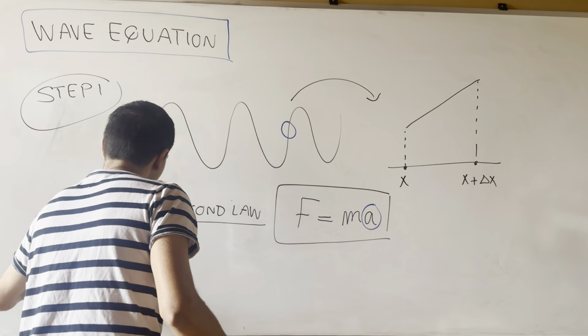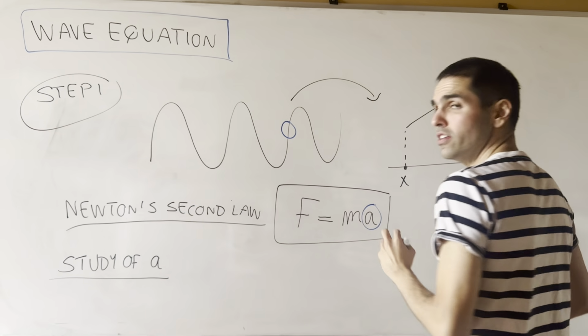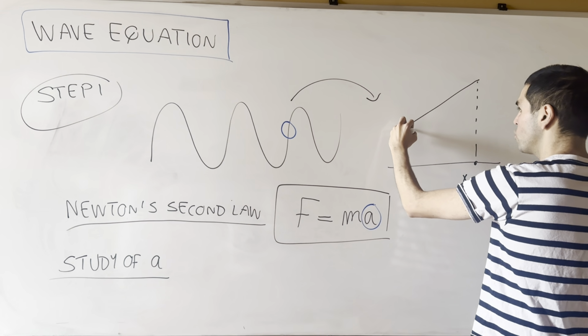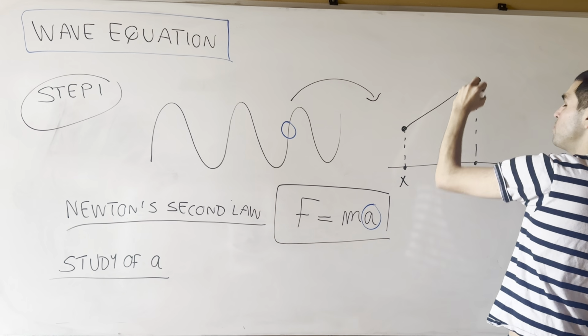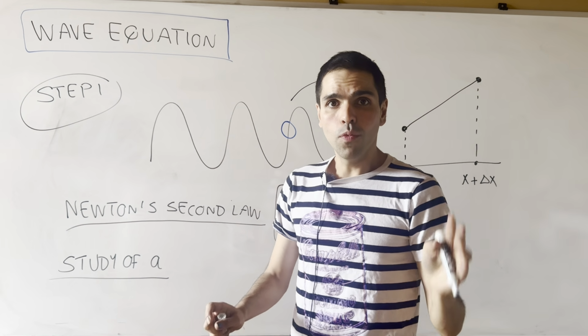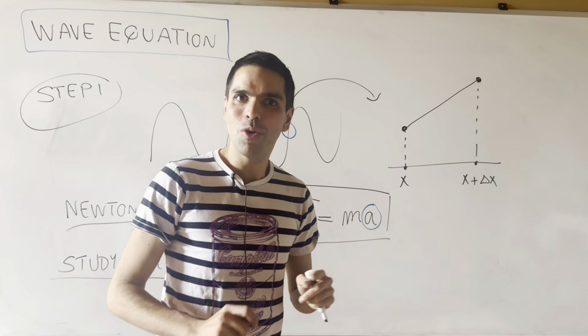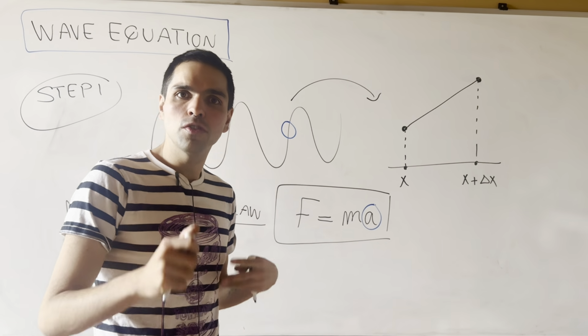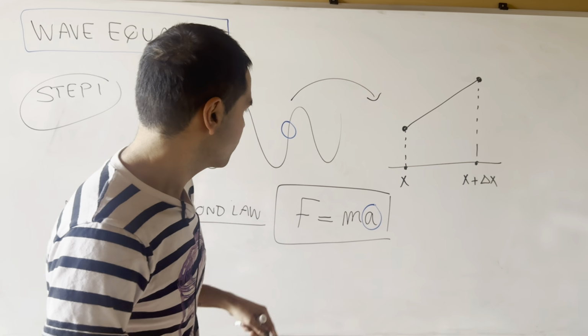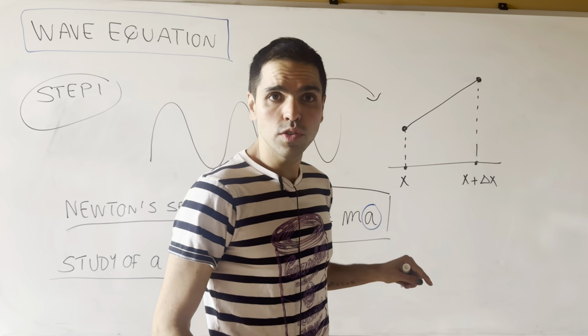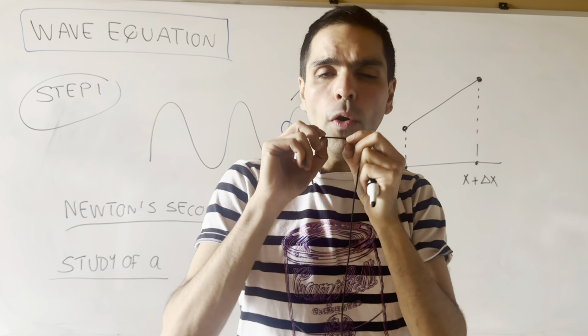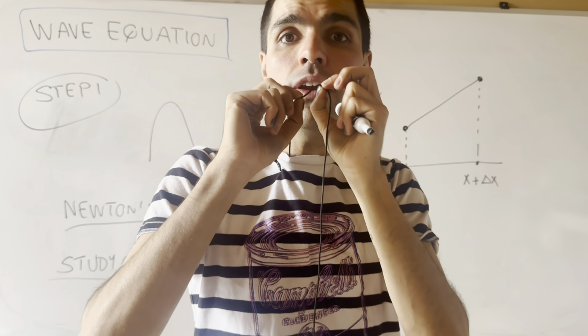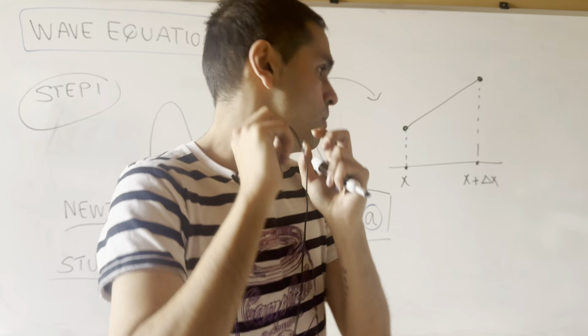And the first assumption that we'll make, by the way, this derivation is based on assumptions which make the PDE more manageable while also being physically realistic. So here what we'll assume is that the points on the string only move up and down.